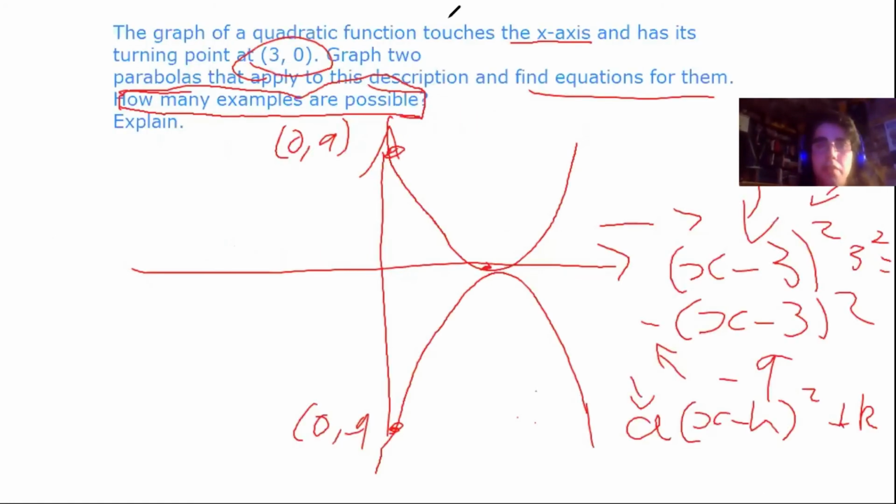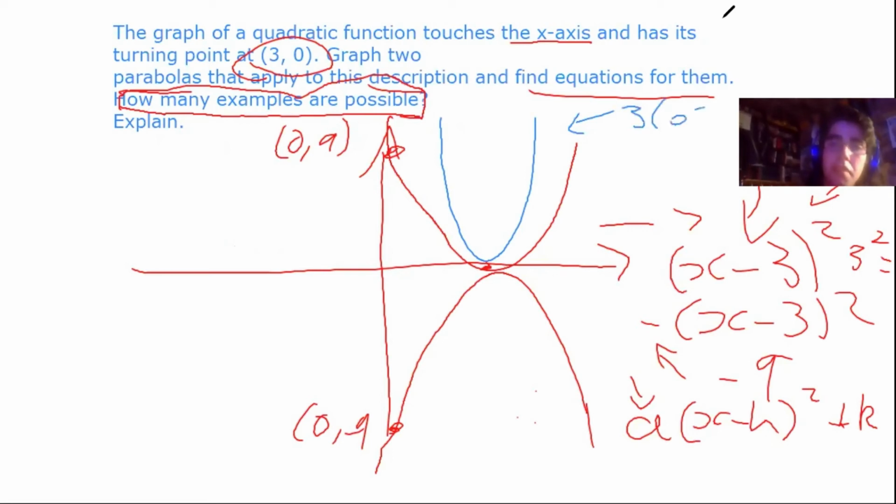Okay, so we could have infinitely many examples, as I said before, based on the number that we use for a. So we could have a graph like this, because it still has a turning point at (3, 0). This one is more likely to have a number for a which is higher than 1. So this could be, for example, 3(x - 3)². Or on the bottom, we could also do -3(x - 3)².